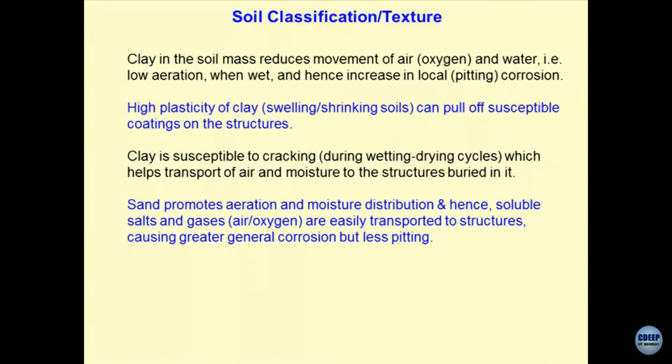So, soils which have swelling and shrinking behavior, apart from storage of water as their fundamental property, are also detrimental to the coatings which you are putting on the structures, and this becomes a difficult game. Clays, whenever you have clays, they will crack, and whatever is buried inside might be conveying some temperature gradient to the soil mass.